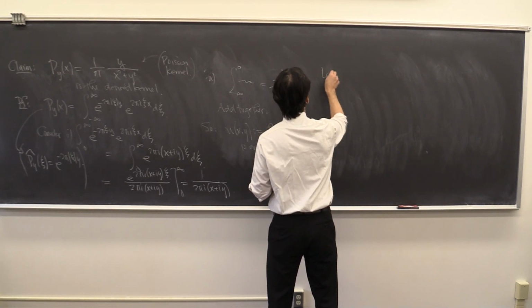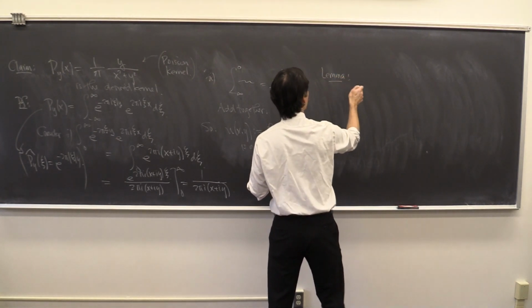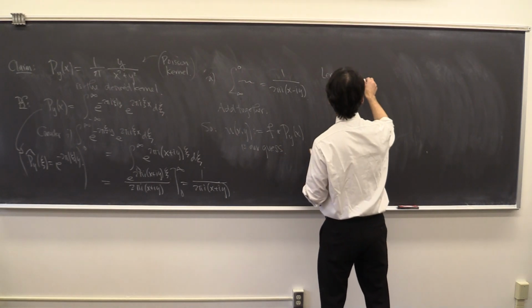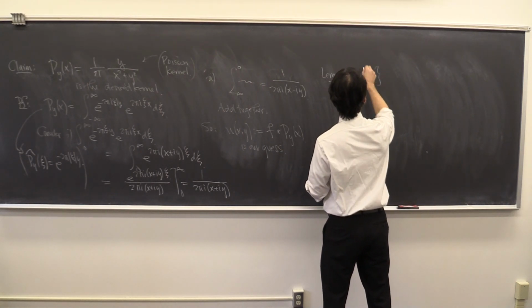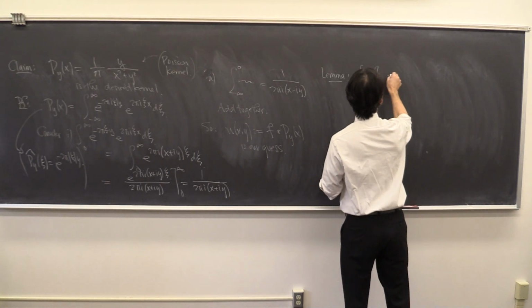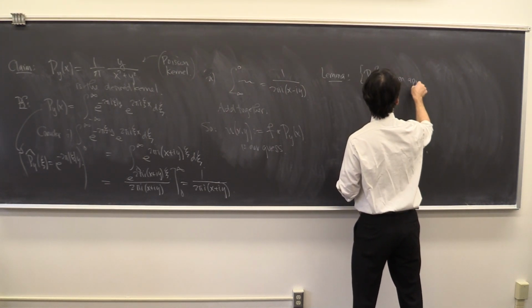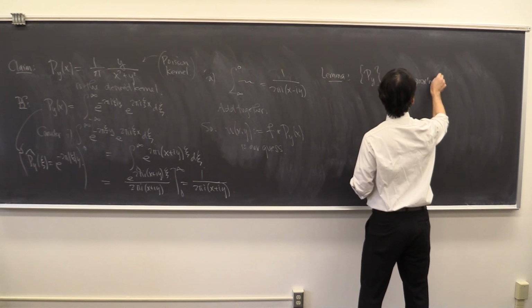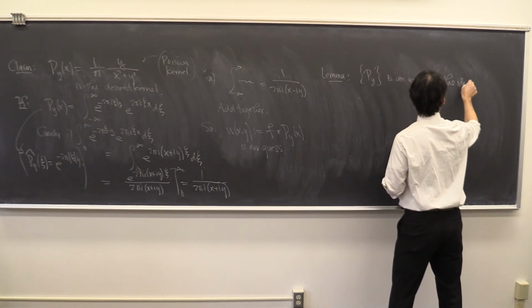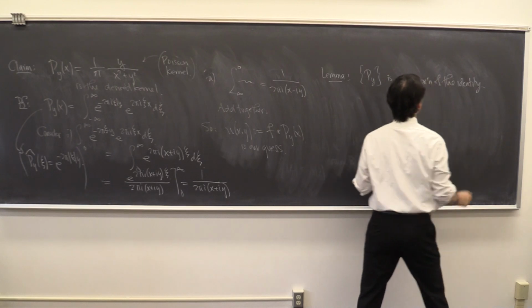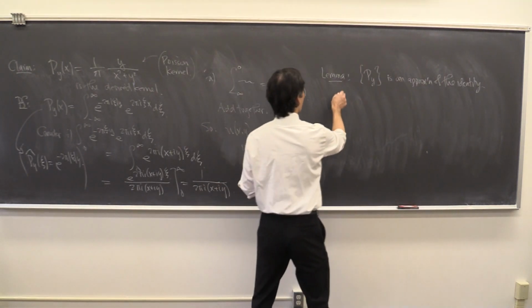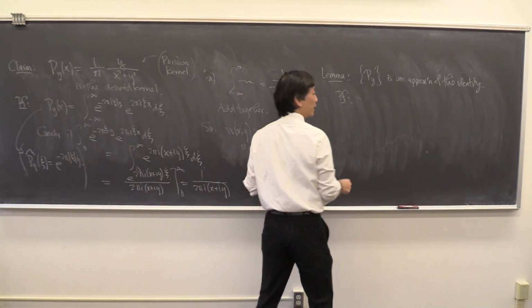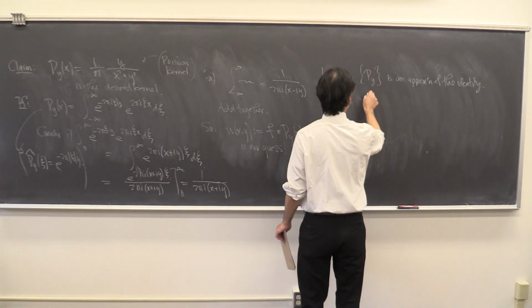Okay, so at this point, we notice that luckily for us, P sub y, this collection of kernels, is an approximation identity. And as usual, we've got 3 parts to it, right?